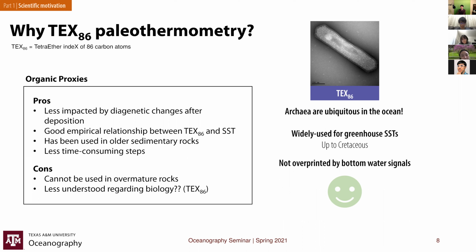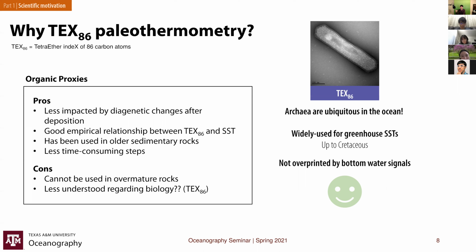It has been used by a lot of people studying different time scales, even the Cretaceous, which is the dinosaur period, much older than what I'm studying right now. So it has been proven to be a good sea surface temperature proxy.